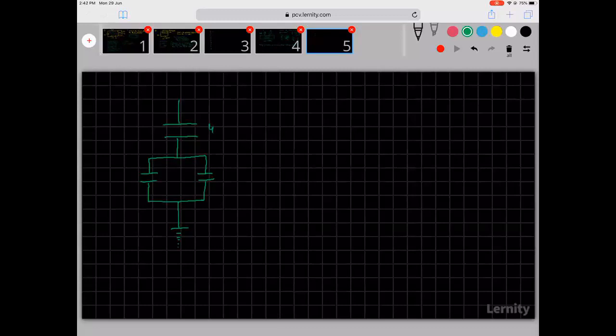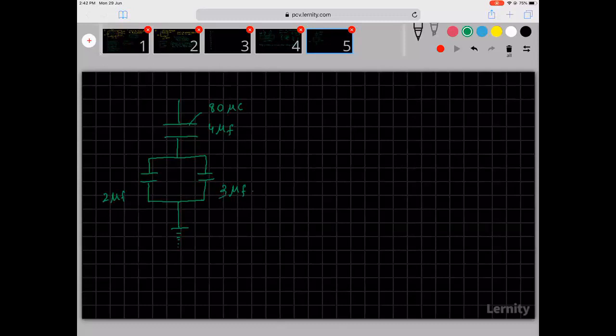This is a 4 microfarad capacitor. This is a 2 microfarad capacitor. This is a 2 microfarad capacitor. The charge on this plate is 80 microcoulomb. The charge on this is 3, not 2, 80 microcoulomb.